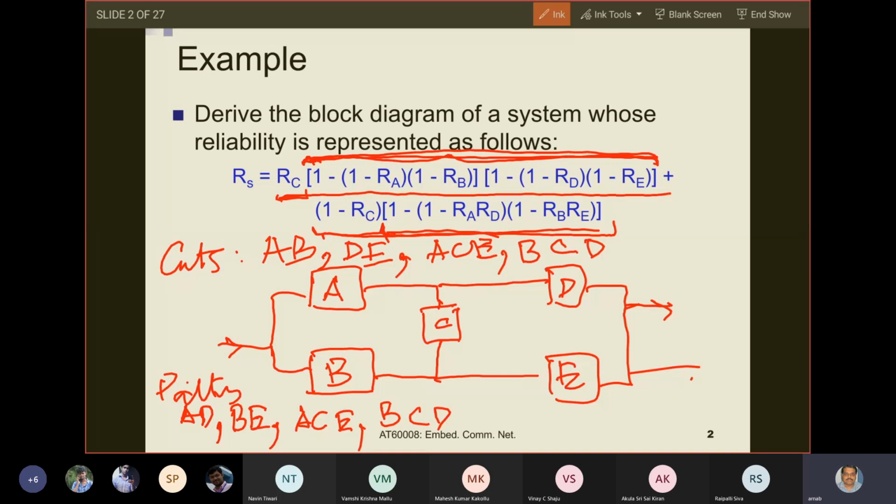So then we are saying that if any one of these cuts fails, then the system can never work.